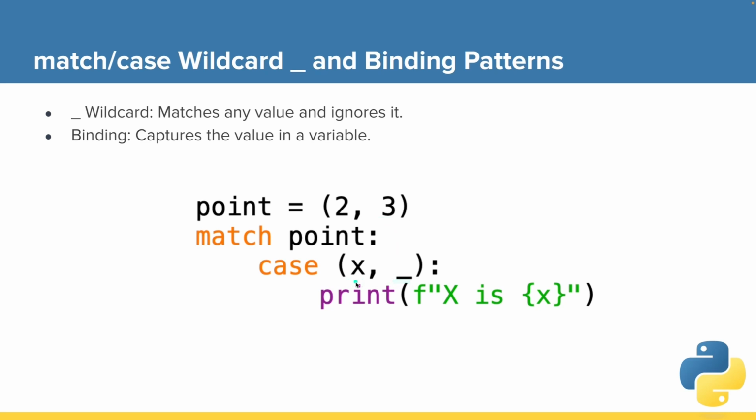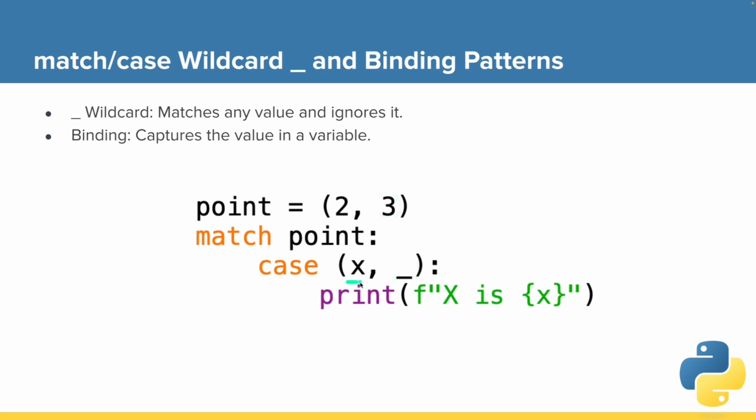So we're matching point. We're matching here because we're just grabbing a variable. We don't care about the match, and we're using a wildcard saying, again, we don't care about the second value in this tuple. So if we remove this wildcard and put in, let's say, the number 2, it would not match because it would be looking for a match here of 3.